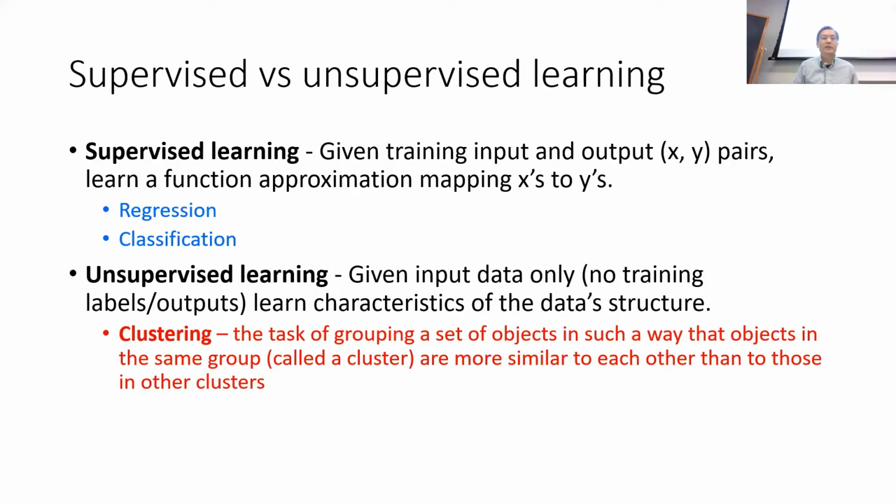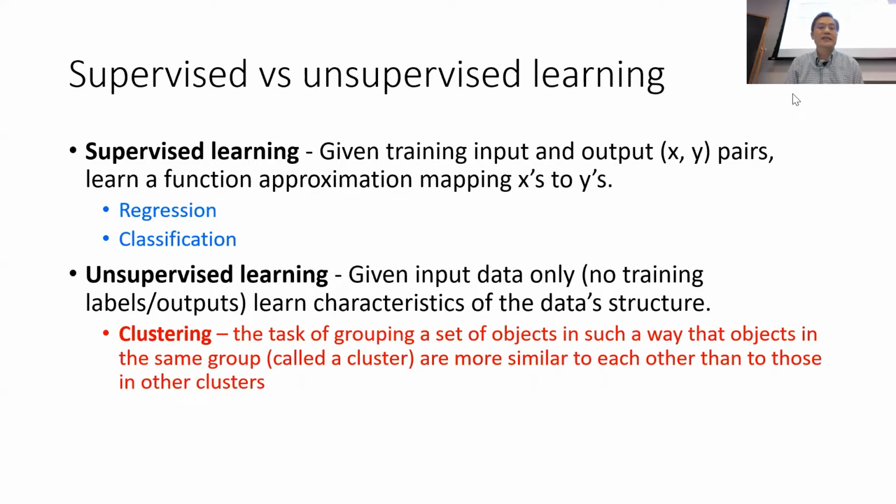Okay, as we mentioned in the overview of machine learning, we have supervised learning, for example, regression or classification, and also unsupervised learning. Clustering is a task that groups your data points or objects, whatever you call them, into the same group based on their similarity in some of the features.